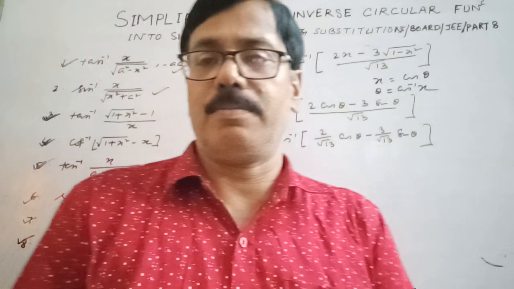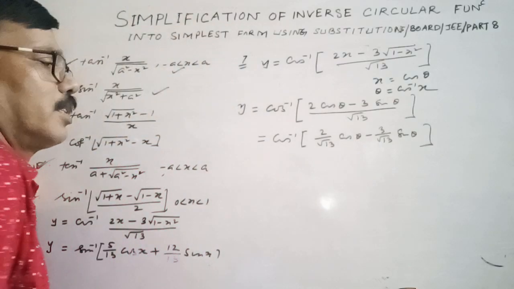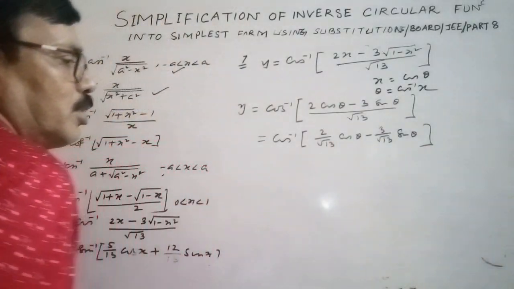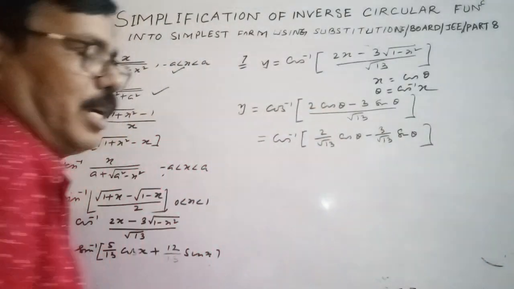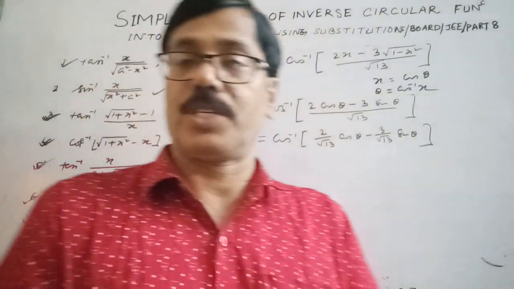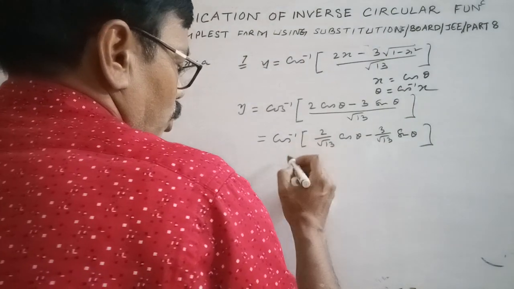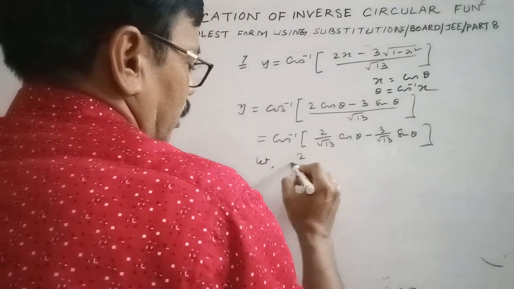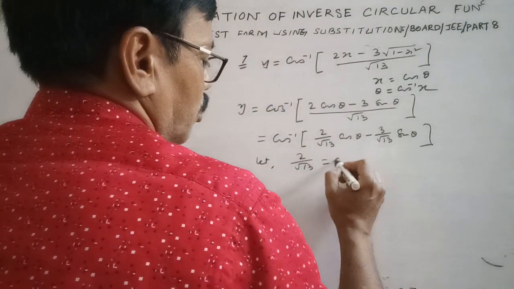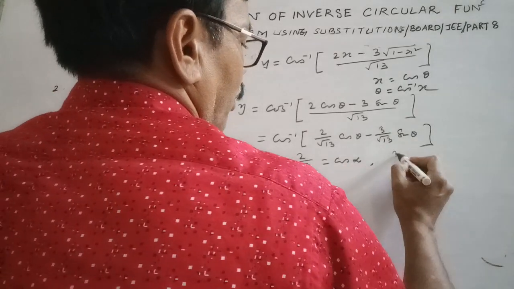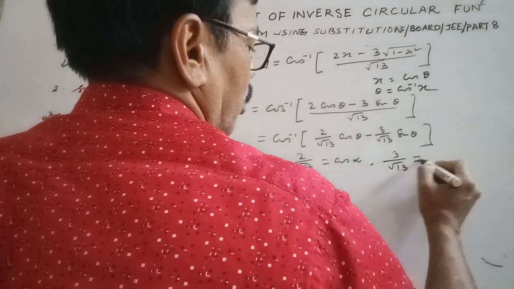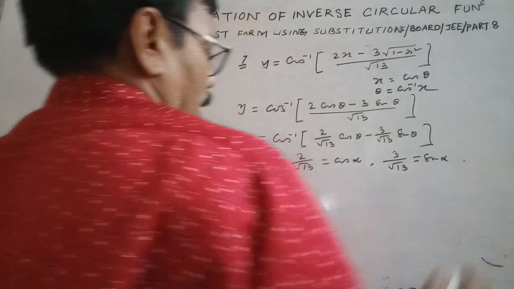Our main aim is to express this in terms of cos. So you know cos of A plus B is cos A cos B minus sin A sin B. So take 2 by root 13 equals cos alpha, and 3 by root 13 equals sin alpha.